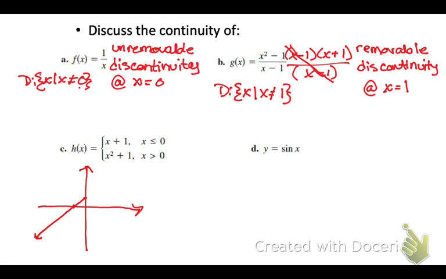Any 3 points, 0 or less, because its domain is 0 or less. Is this x plus 1? Mm-hmm. Its domain is anything less than 0, so you would definitely plug in 0, and then 2 other points to the left.